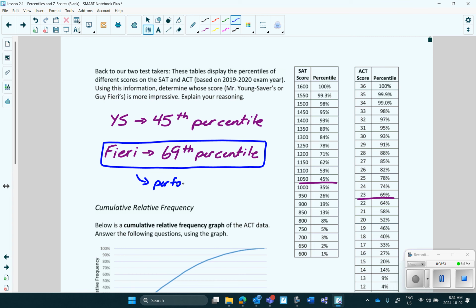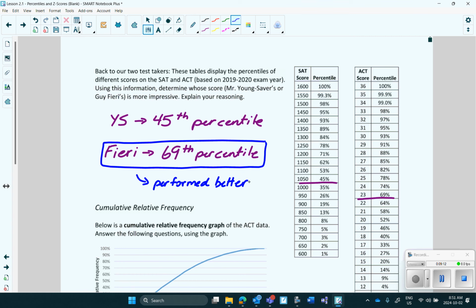Because this is taking into account the percentiles, how everybody else did.